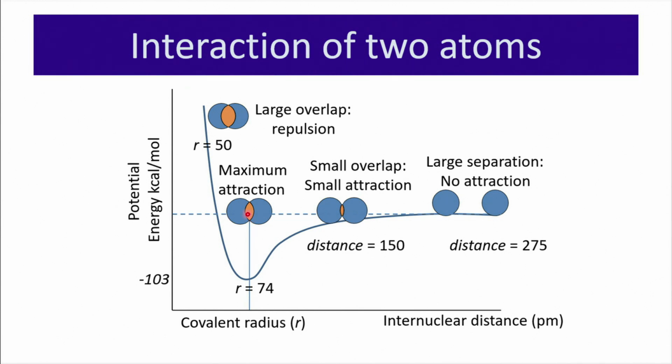When the atoms come any closer, that leads to instability and the potential energy of the molecule increases. As we can see here, when the distance is around 50 picometers, there is a large repulsion between these two atoms. That is the reason the potential energy increases very high. This is because of the repulsion that exists between these two atoms.